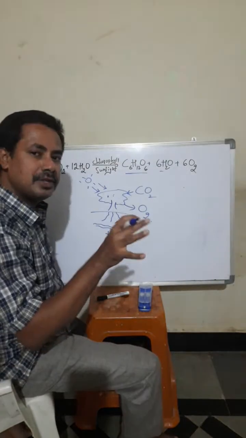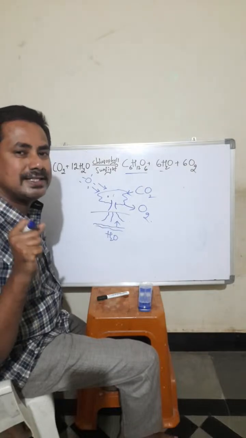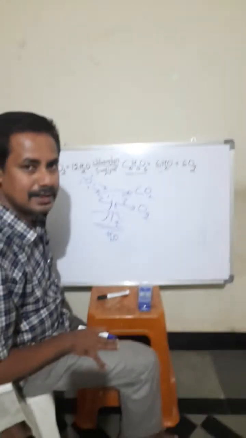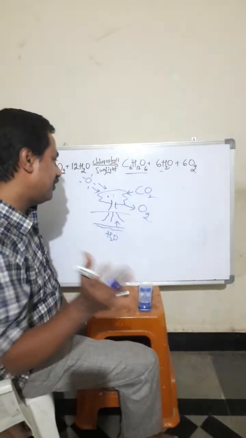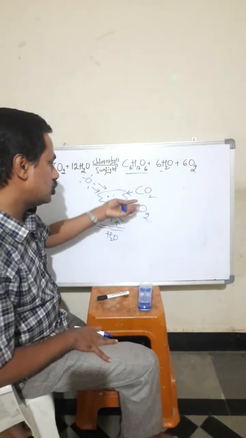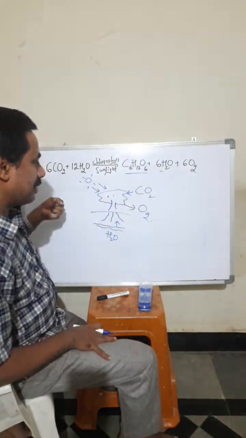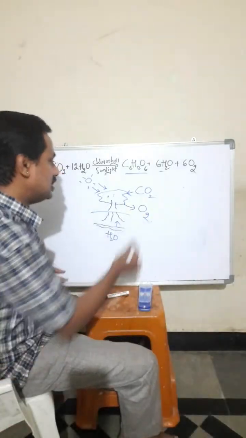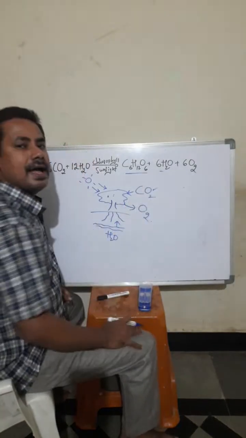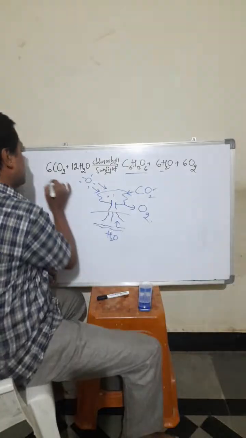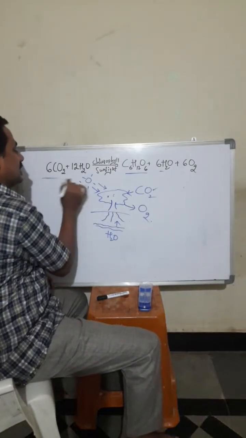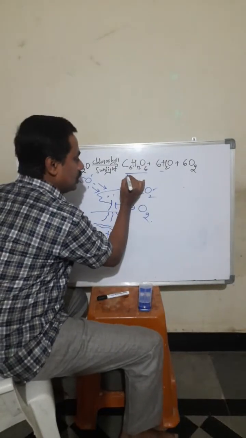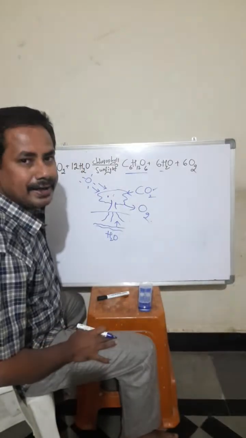At that time, the plants absorb oxygen and release carbon dioxide. So don't be confused. Very simple: during photosynthesis, they take carbon dioxide and release oxygen. Why do they need carbon dioxide during photosynthesis, sir? Yes, this carbon dioxide is reduced into carbohydrates.